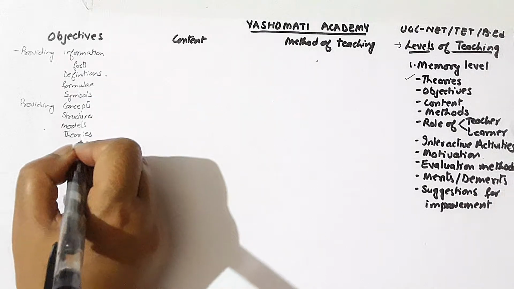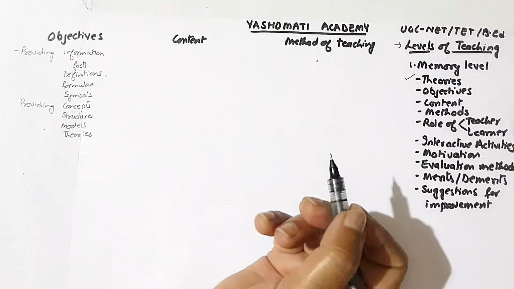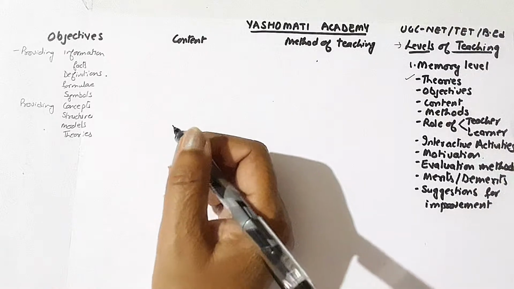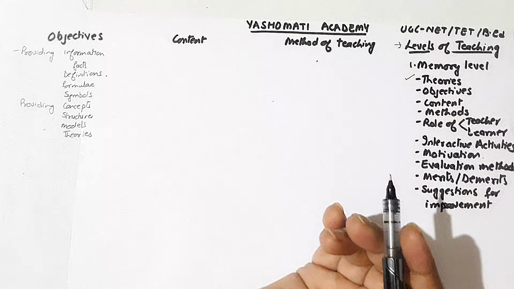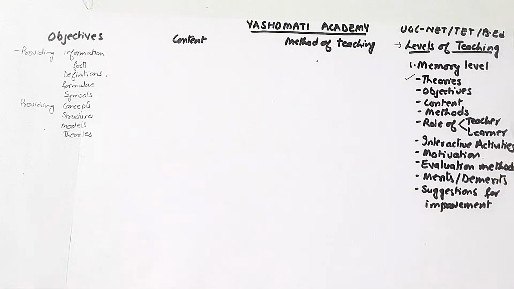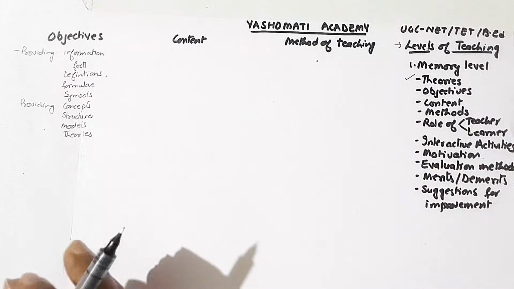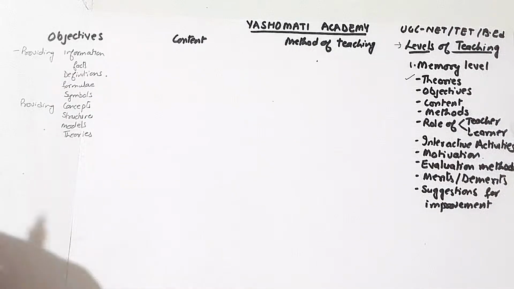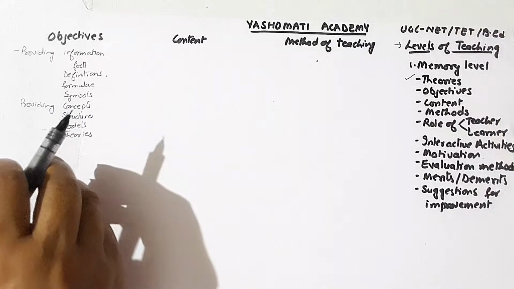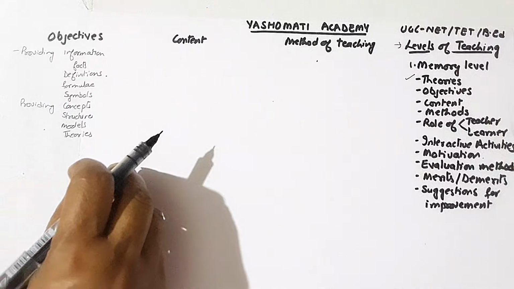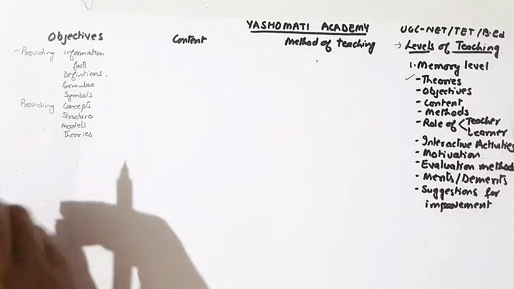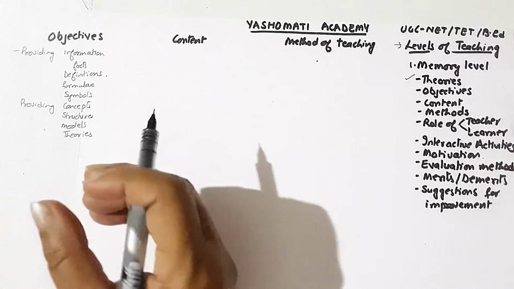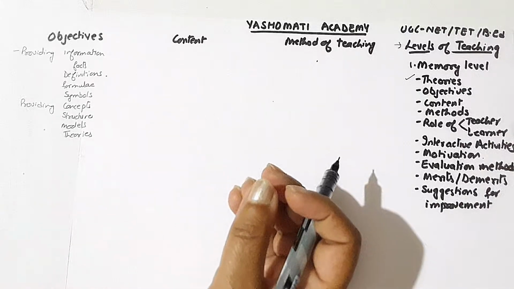And similarly, theories, as you have seen, in the previous lesson we have discussed certain theories which are related to memory level of teaching. So those theories are to be memorized as they have been formulated. So that content is also something which should be taught at memory level. If we understand those theories, then we will be able to apply them in future complex subjects.